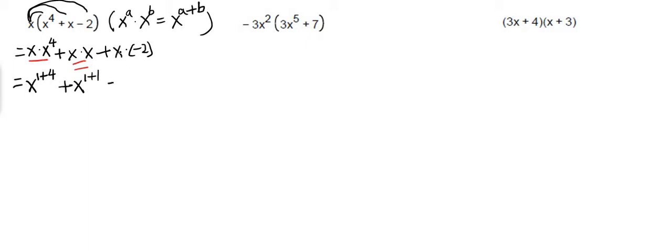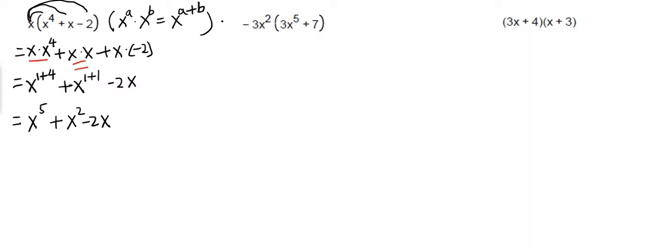And for the last term, x times -2 should be -2x. Now we can simplify it. We have x to the power 5 plus x squared -2x.